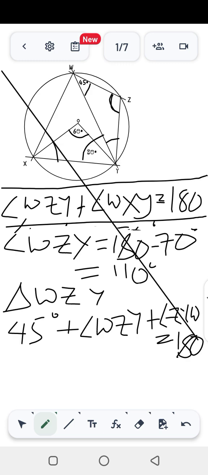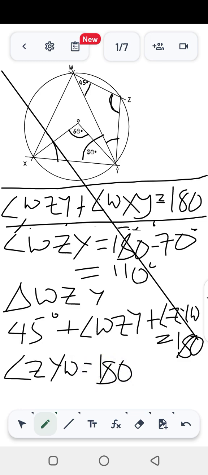All right. So angle ZYW will now be equal to 180 minus the sum of the other two angles, which are 45 and 110 degrees.